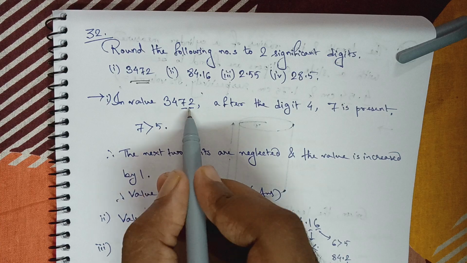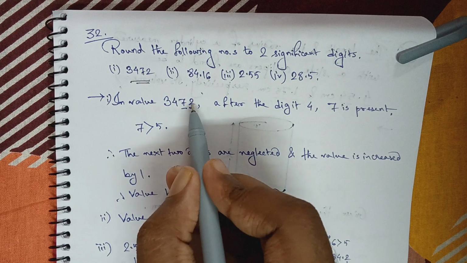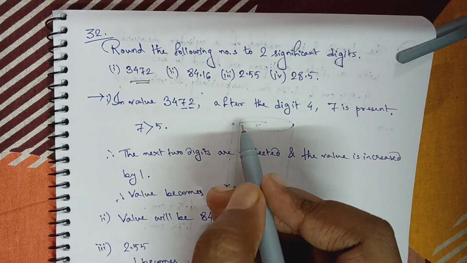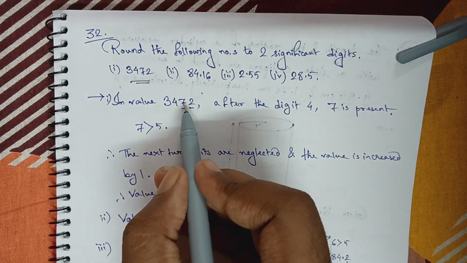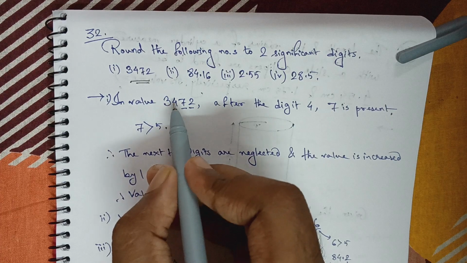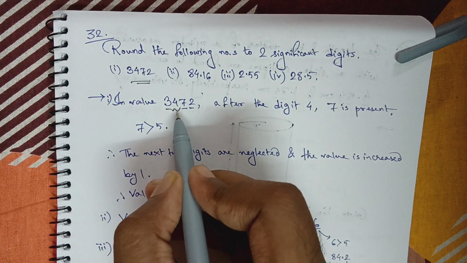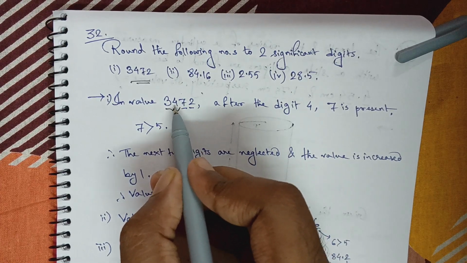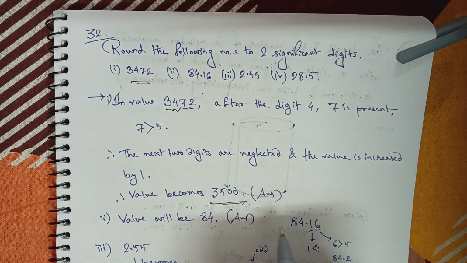Now after 4 there are 2 digits, 7 and 2. 2 is less than 5, so it becomes 0, and 7 becomes 8 since it is greater than 5, so 1 will be added. It will become 3480, and rounding off to 2 significant digits we will get 3500. Since 8 is greater than 5, it makes 4 into 5, so the answer will be 3500.